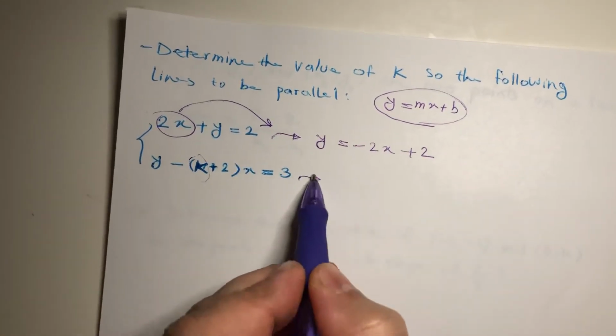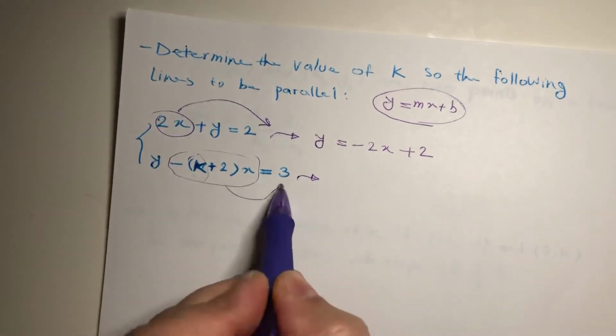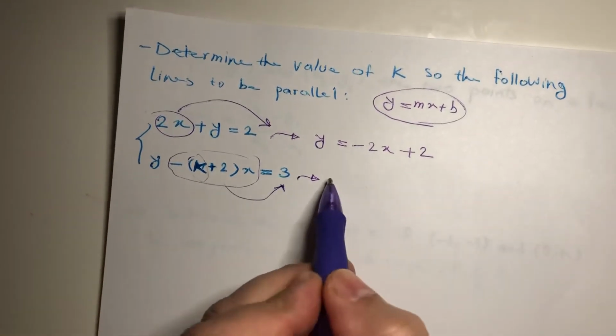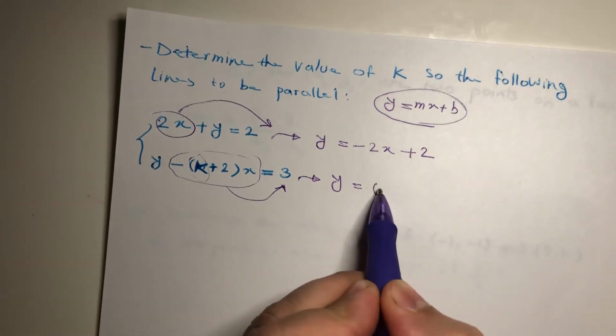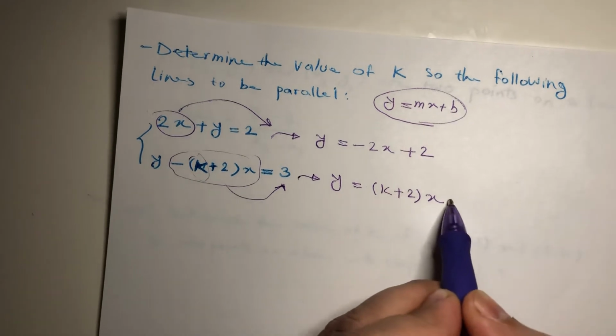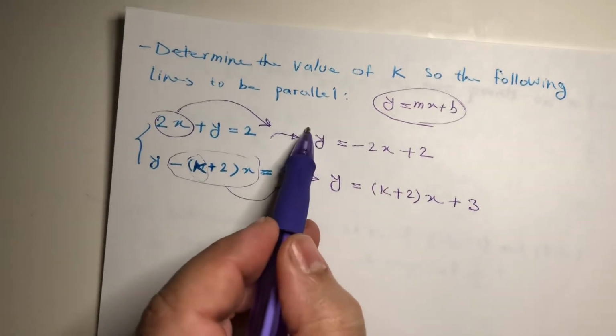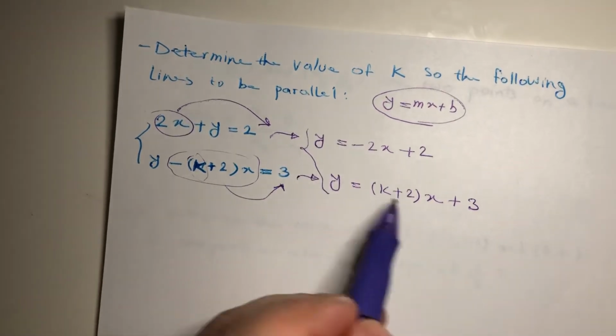And the second one, I take this term to the other side of the equation, so it would be y equals k plus 2x plus 3. Right? Now we have both lines in the standard form.